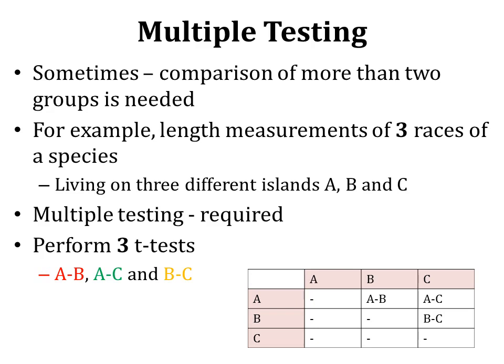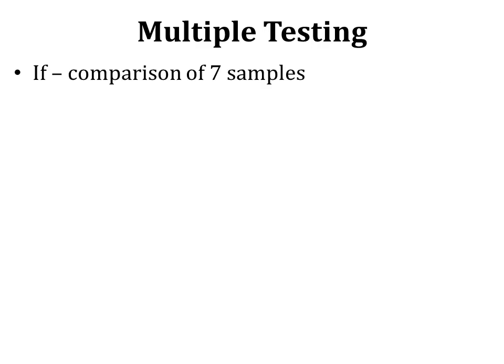Now, does it look laborious or time-consuming? It doesn't quite look so, because these are only 3 t-tests that you're going to perform, right? But if you have to compare 7 samples, then what are you going to do?